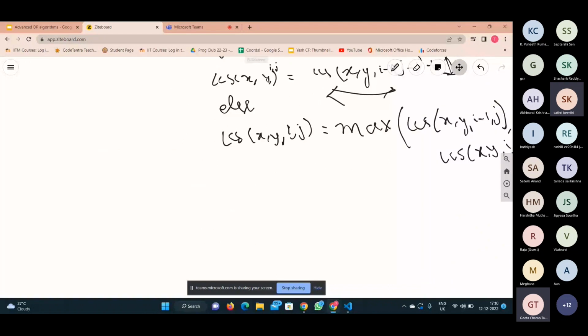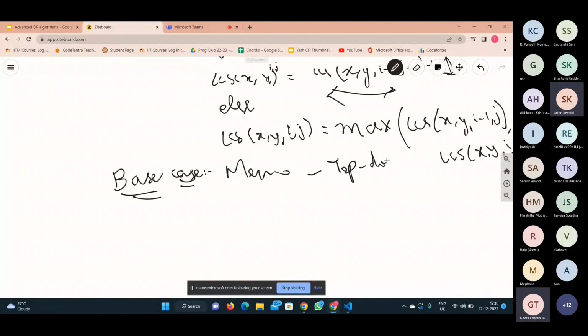Next is the base case. Since we are memoizing this, and this will be a top-down solution, the only base case needed is dp of 0, 0 is 0.